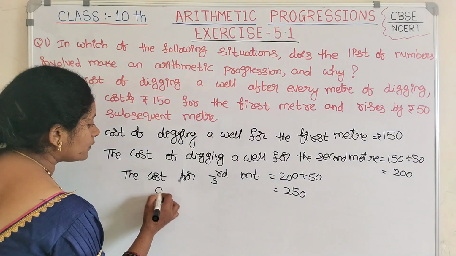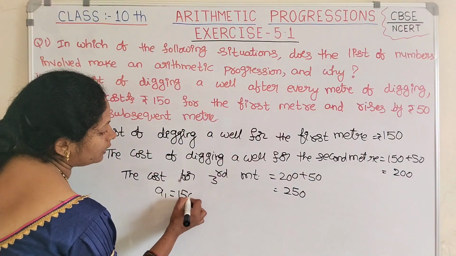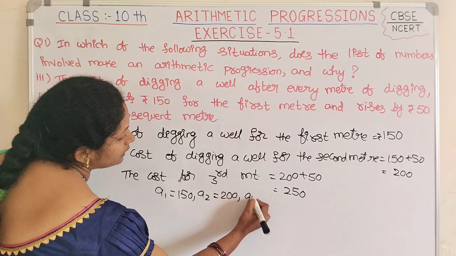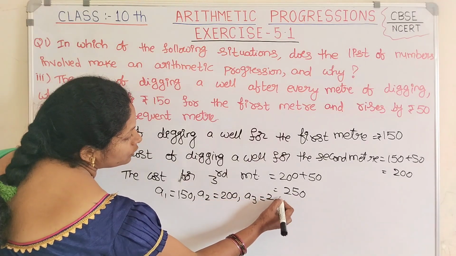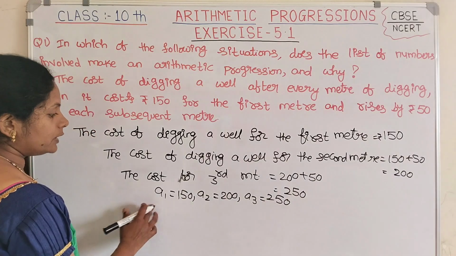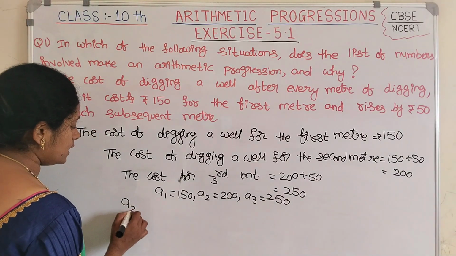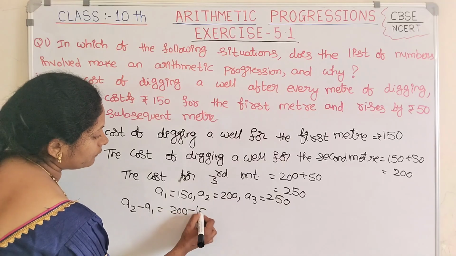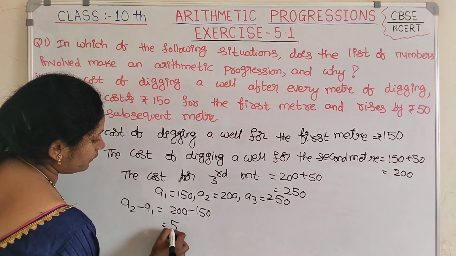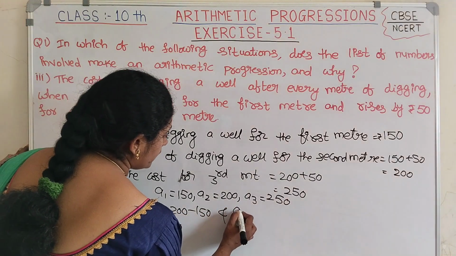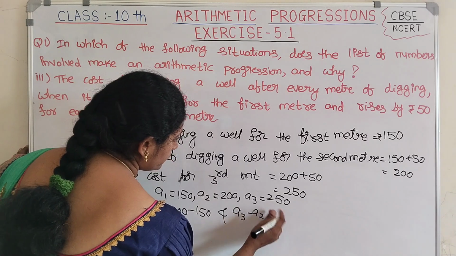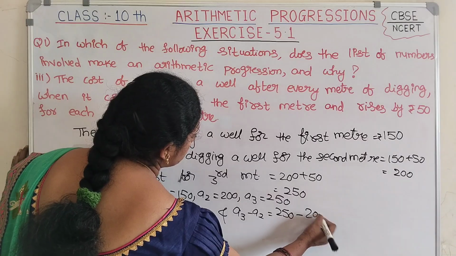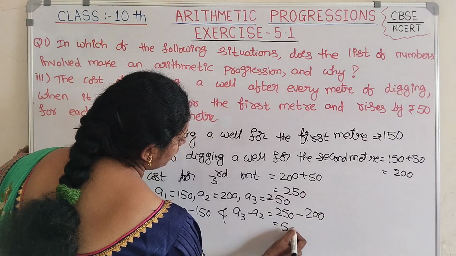We can write A1 is equal to 150, A2 is equal to 200 and A3 is equal to 250. Then the common difference: A2 minus A1, 200 minus 150 equals 50, and A3 minus A2, 250 minus 200 equals 50.